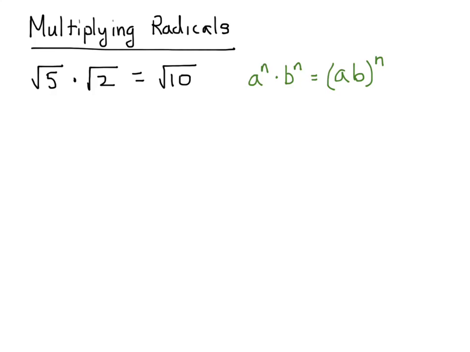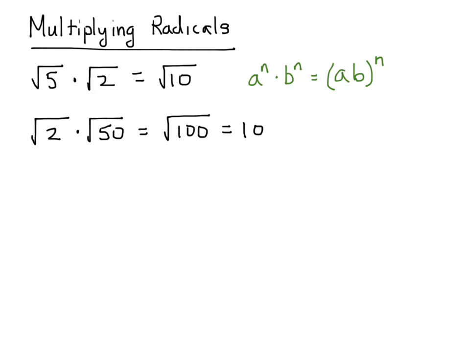It has to be the square root or the cube root or the fourth root. All the indices have to be the same, and we can multiply the radicands, the numbers inside the radicals. So if we have something like square root of 2 times square root of 50, that is the square root of 100, which is 10.